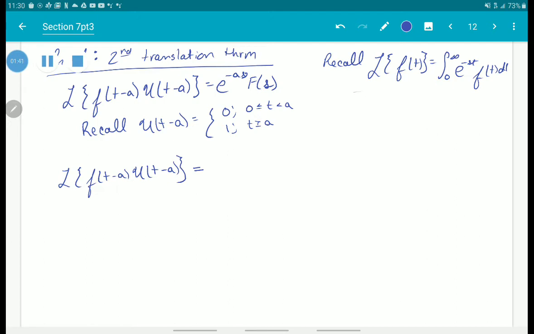So we're going to apply that definition here. But remember, u of t is actually a piecewise function, so we have to split this into two pieces. One piece going from 0 to a, and then the other piece going from a to infinity.